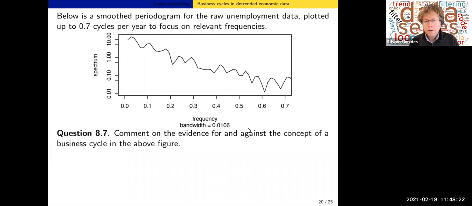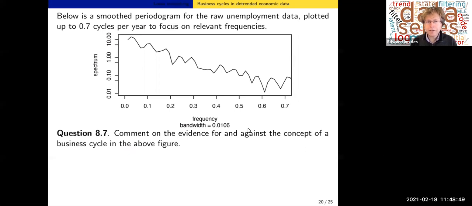Now, as I mentioned on the previous graph, the frequencies that this business cycle estimation procedure pulled out were determined by the smoothing procedure rather than necessarily driven by a true property of the data.